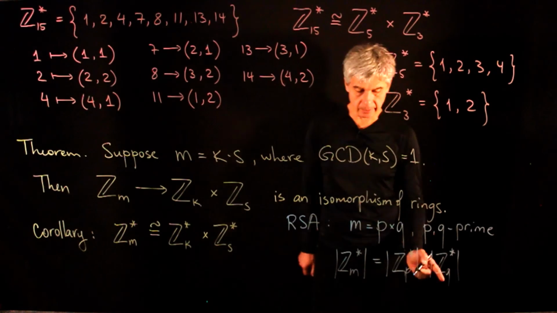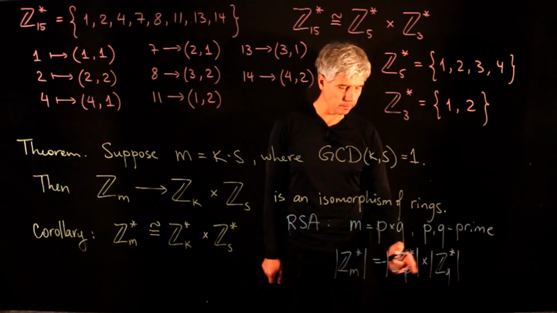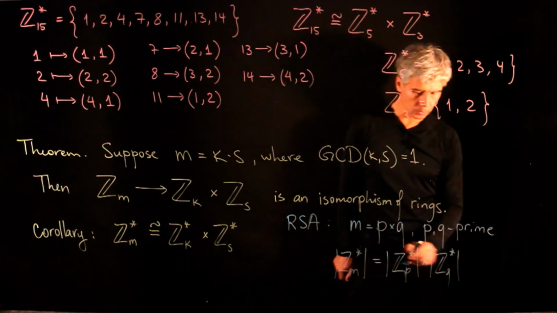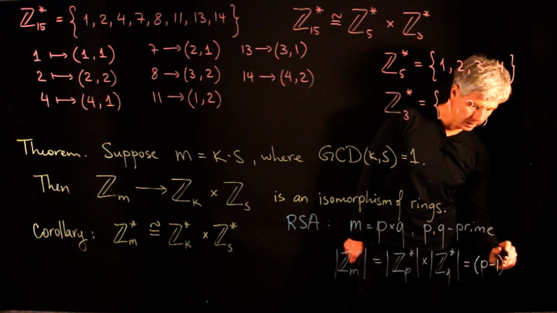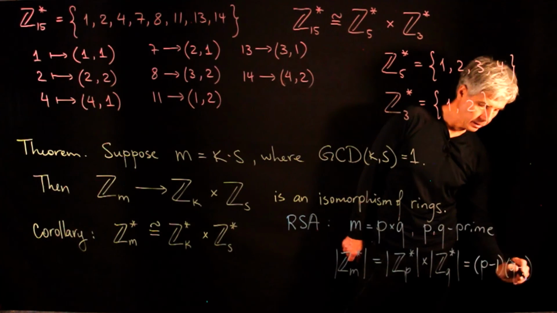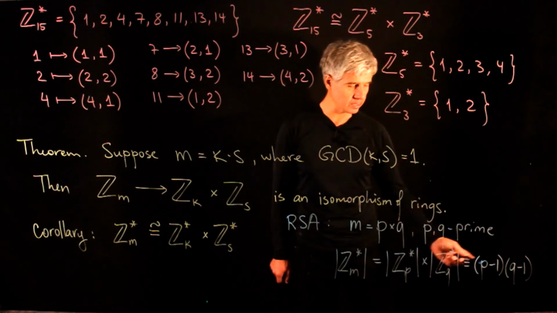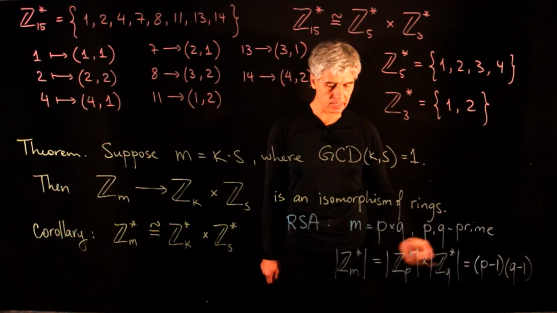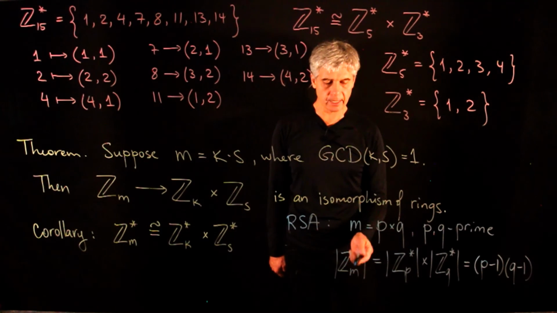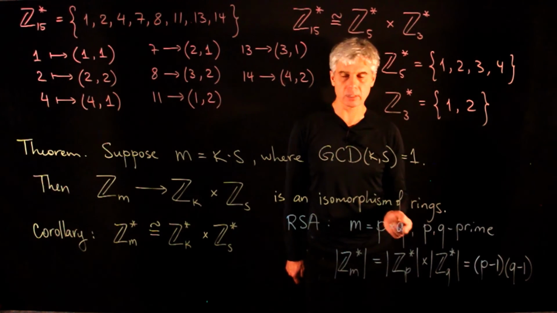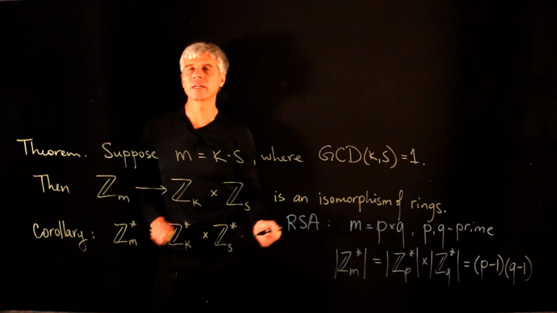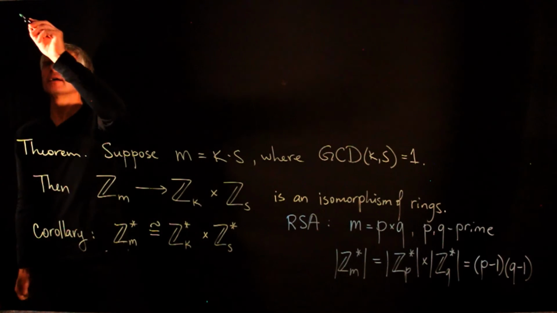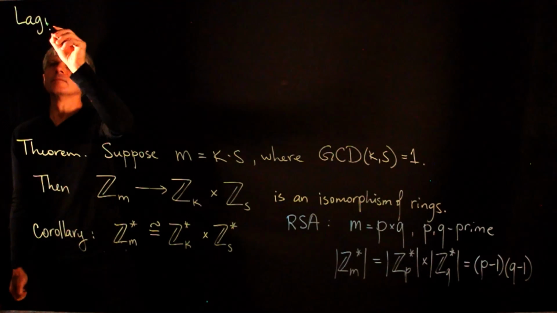Because both P and Q are prime numbers, the first order is equal to p minus 1, and the second is q minus 1. This tells us the number of elements in the group Zm multiplicative when m is the product of two primes. The reason why the order of the group is such an important parameter is the following Lagrange's theorem.